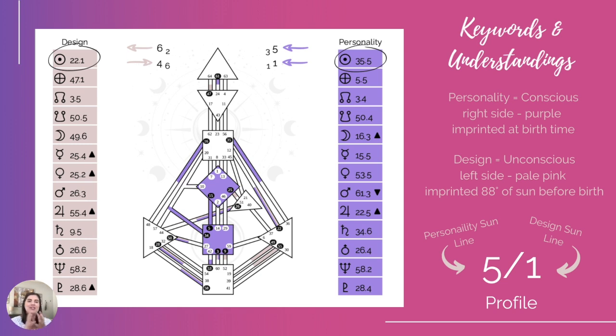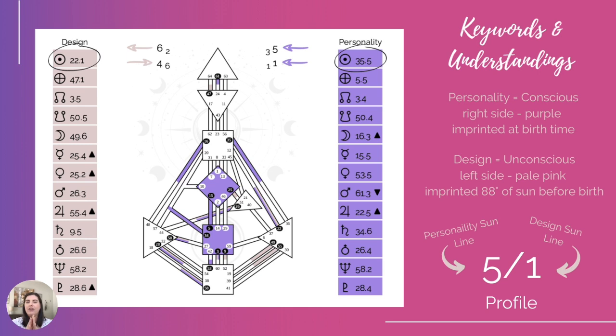So I have my design sun, which you could also call the unconscious sun, located in the 22nd gate, line 1. And the 22nd gate is found down in my solar plexus. It's that top gate that is highlighted for me. And if you notice, I actually have the 22nd gate show up a few times in my chart.